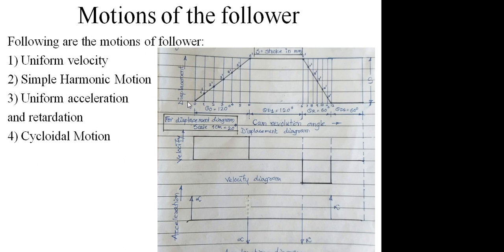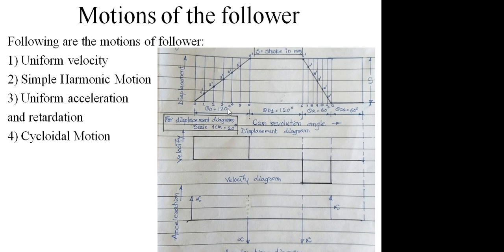Now let us see the displacement, velocity, acceleration diagrams when the follower moves with uniform velocity. These three diagrams you have to draw graphically. In this case, on the x-axis the revolution of cam is shown, and on the y-axis you have to take the stroke length of the follower.